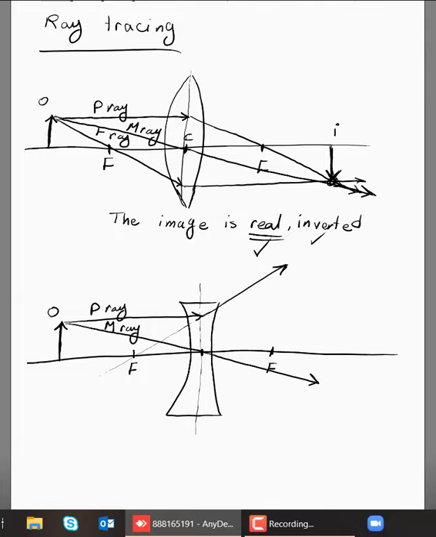The third one is the tricky one. So I'm looking for the F ray, right? F ray should have something to do with a focal point.